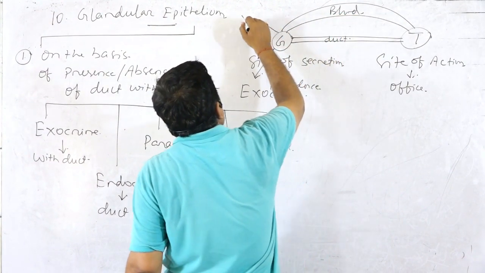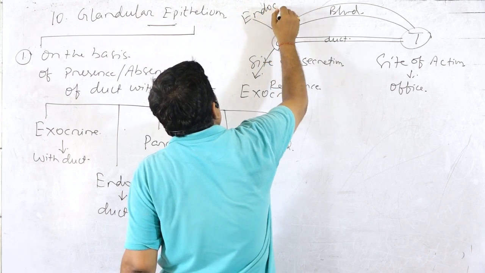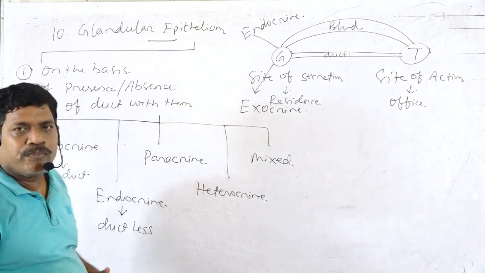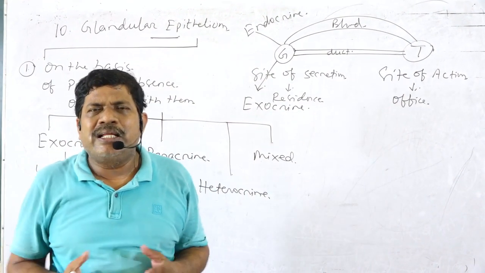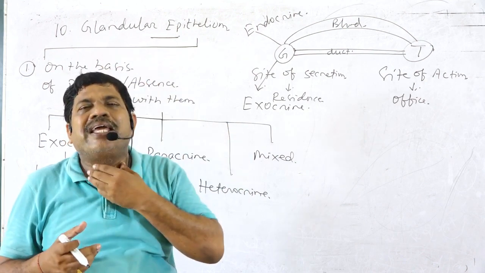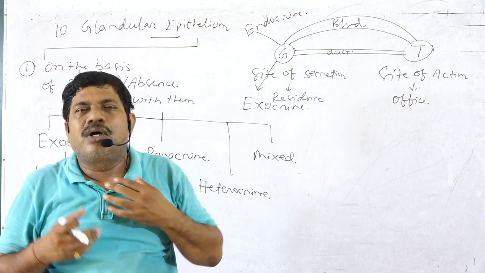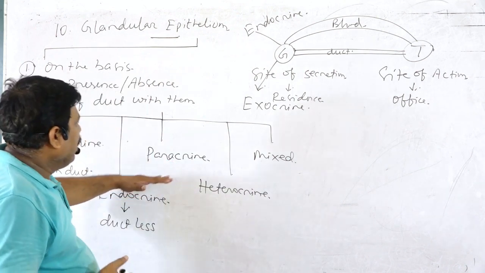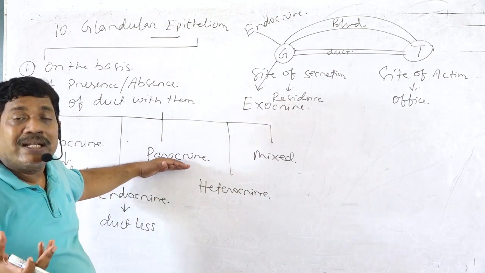Then it is said to be endocrine, a ductless gland. There are several endocrine glands: hypothalamus, pituitary, pineal, thyroid, parathyroid, adrenal, like that. Paracrine gland. What is a paracrine gland?